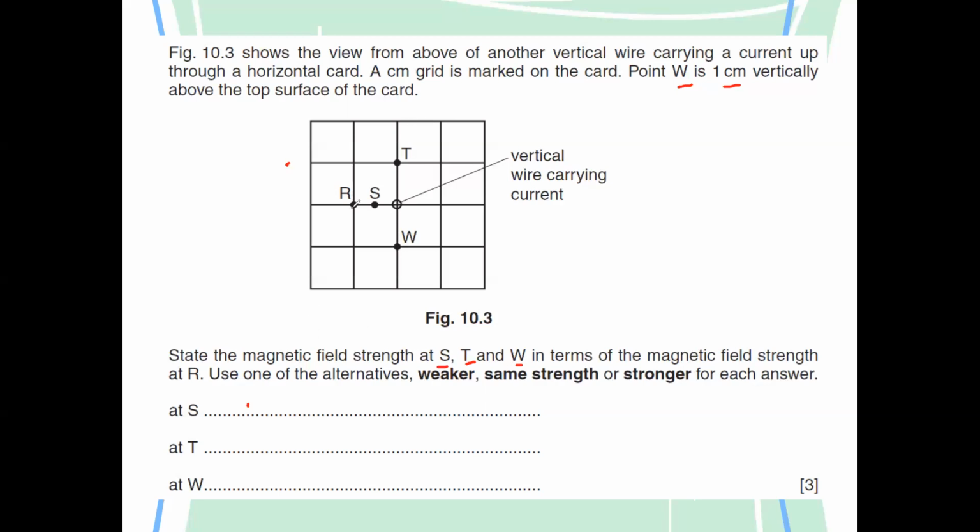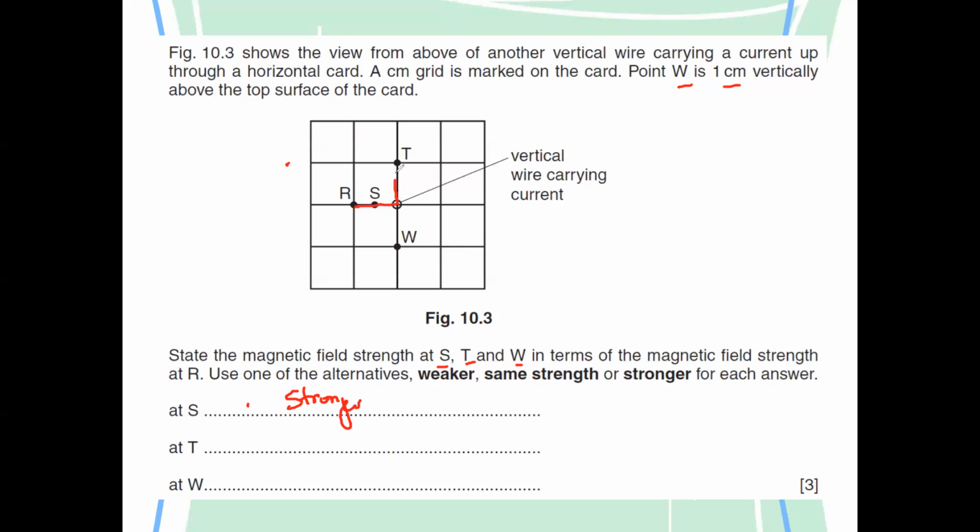So when we compare at S, because S is closer to the wire, what will we use: weaker, stronger, or same strength? Because when it is closer to the wire, it will experience a stronger magnetic field. So this will be stronger. But what about comparing R with T?